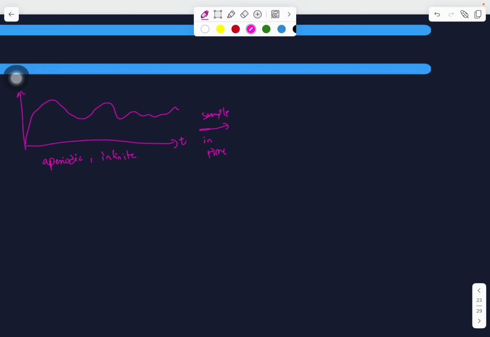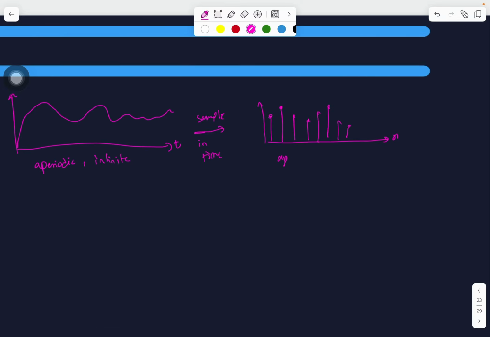This is the first sampling. After we sample in time, we obtain the discrete version of the same signal. It looks something like this, for example, and now it's in n, but it is still aperiodic and still infinite, so we cannot use it with the computer.